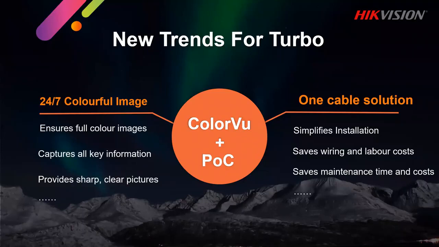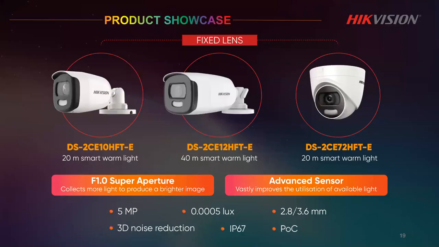But obviously, with the PoC technology, what you're achieving is basically power down the same cable, say, for example, an RG59, power down the same cable and video simultaneously down the same cable. So massively reduced labor and hopefully improve your margin at the end of the day.